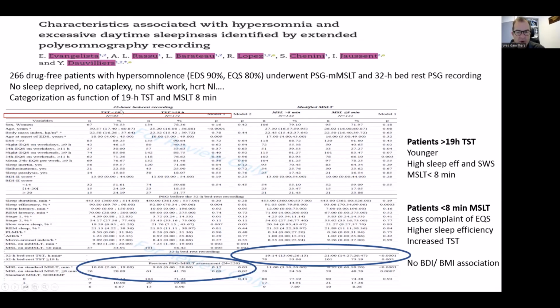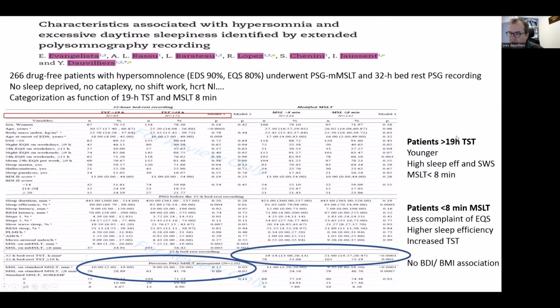And we separate patients with total sleep duration above and below the cutoff of 19 hours, and also based on the MSLT below and above the 8 minutes. So it's a complex table. I invite you to read the paper, but I sum up for you the main results.